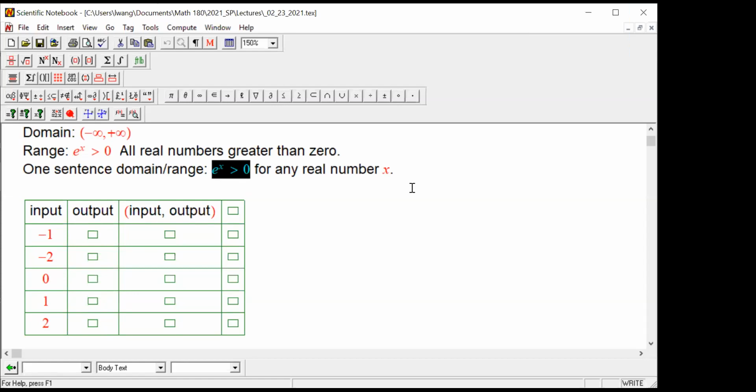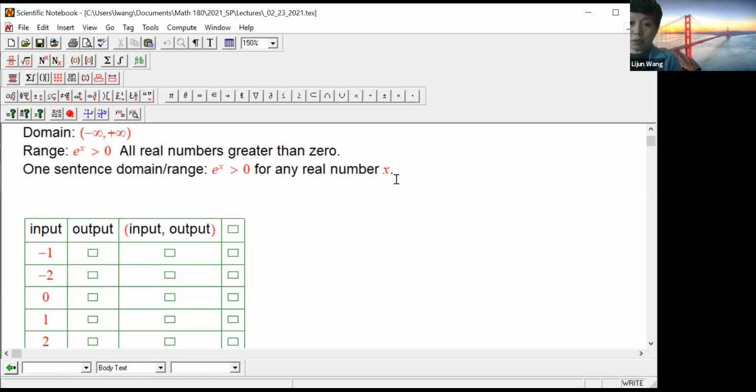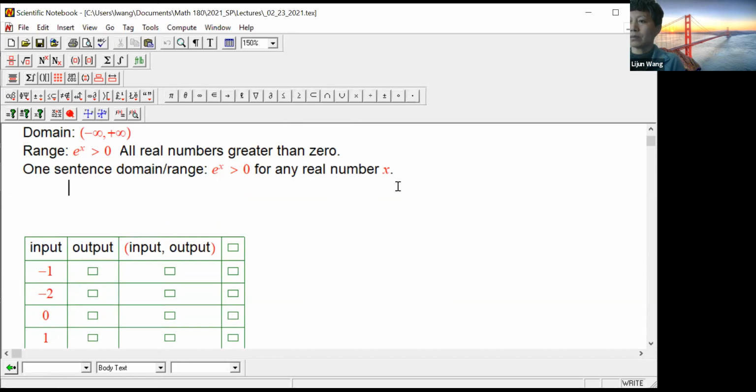Okay, there's so many ways to say it, you see? And each way is to enhance our understanding. Do you follow me? Well, you can also say e to the power x is always positive.